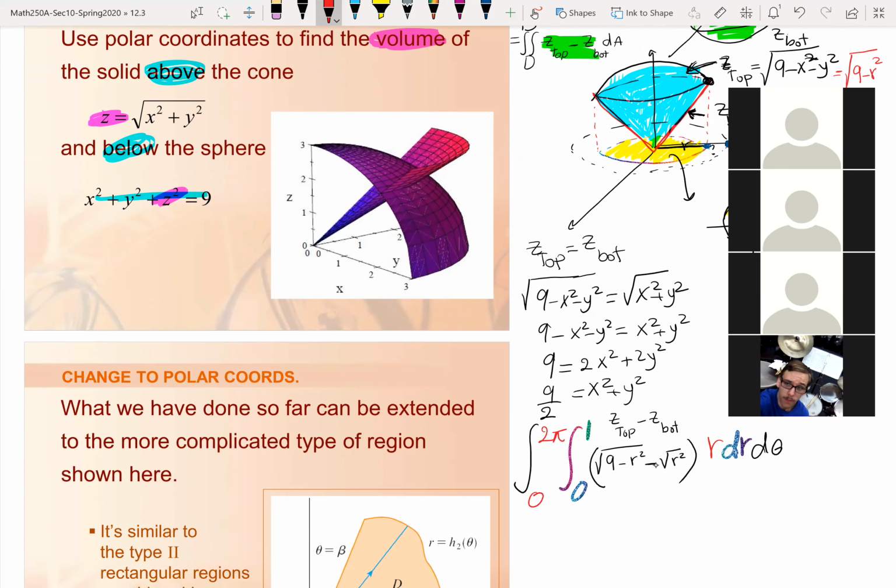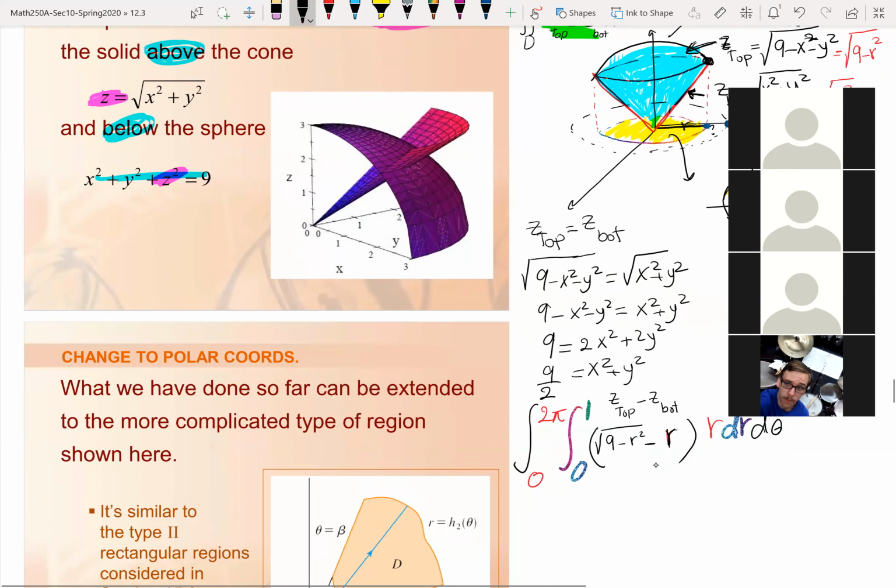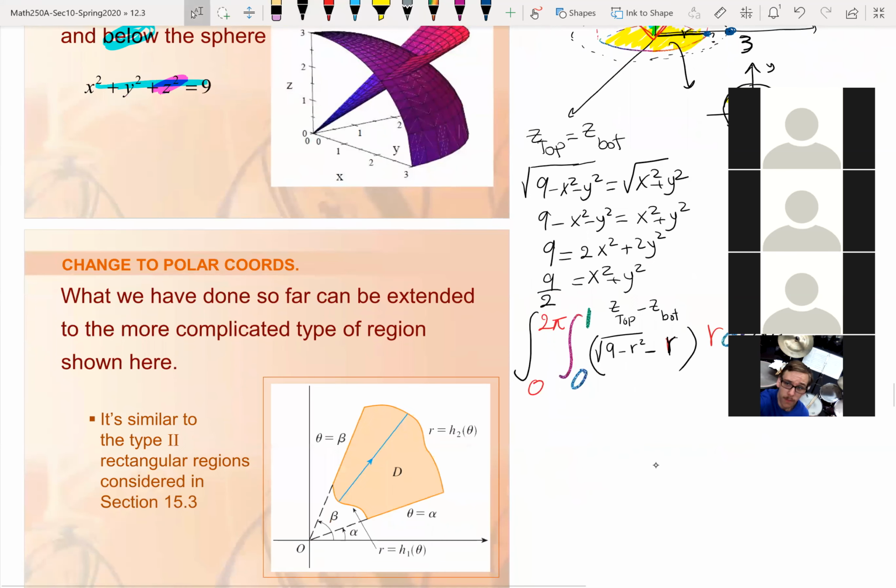I don't have to write the square root of r squared, because r is always positive. So this is r. Then integration.